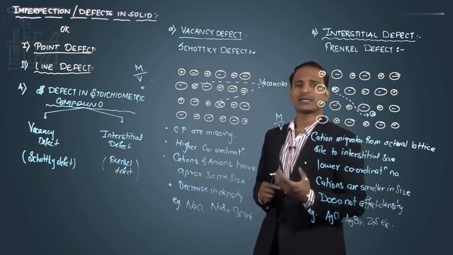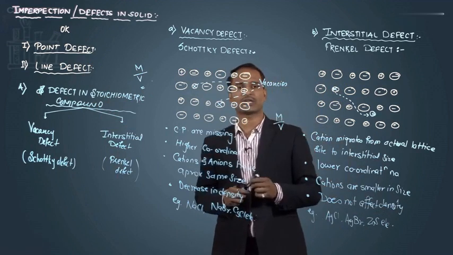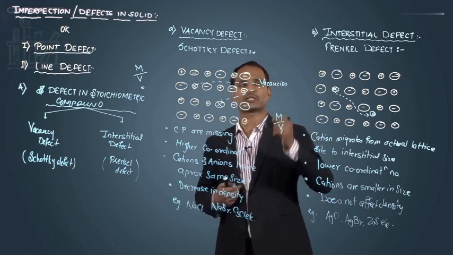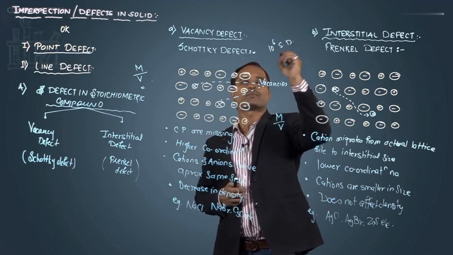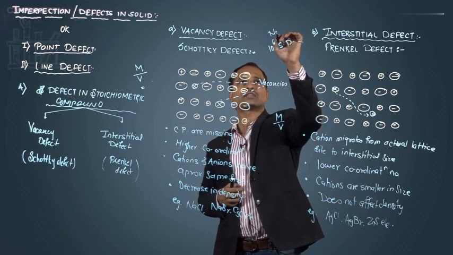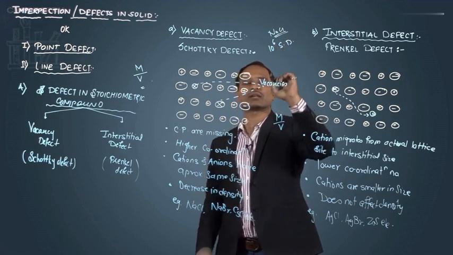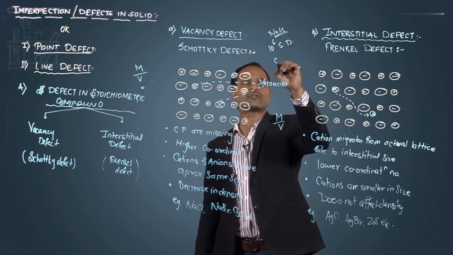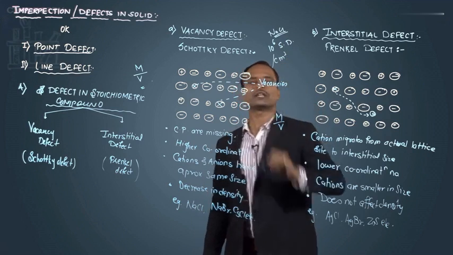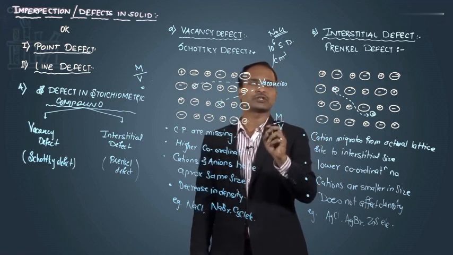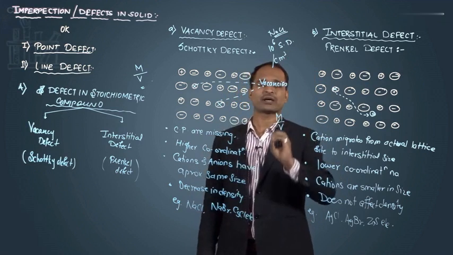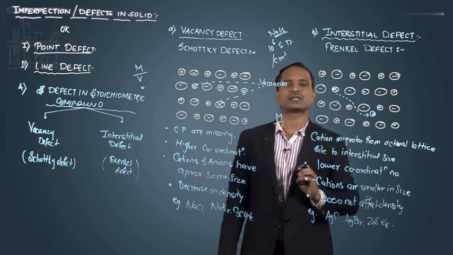As I said, as the temperature increases, the defects go on increasing. At room temperature, it has been observed that there are about 10⁶ Schottky defects per cubic centimeter in NaCl. In 1 cubic centimeter, 10⁶ places are missing, that means 10⁶ places are vacant.